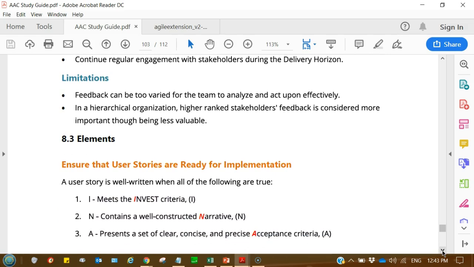The possible limitations of doing reviews are that you just get too much information. Depending on the number of people that you have involved in it and their understanding of what you're trying to accomplish, you could get too much information and it could become confusing.